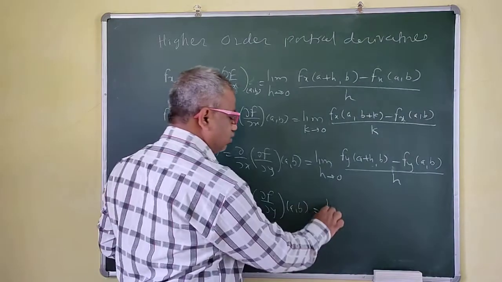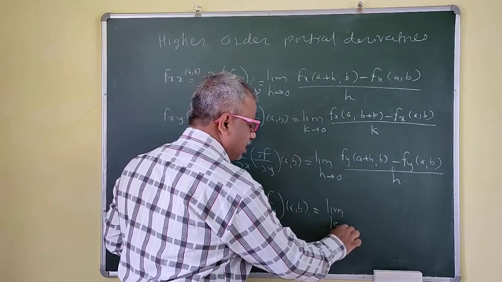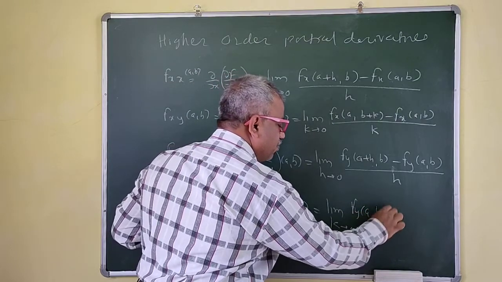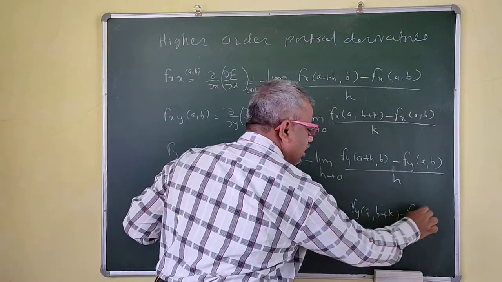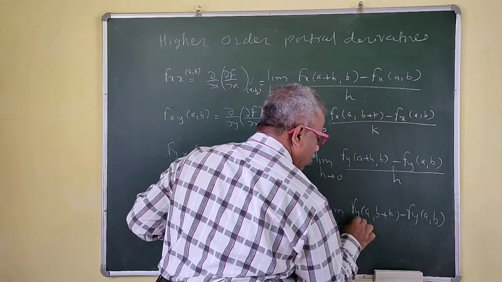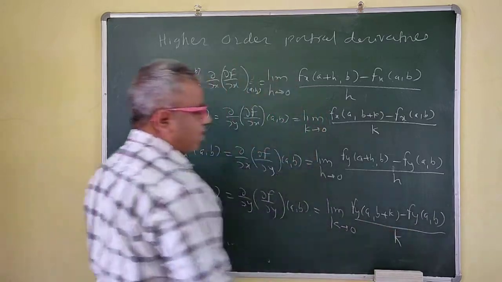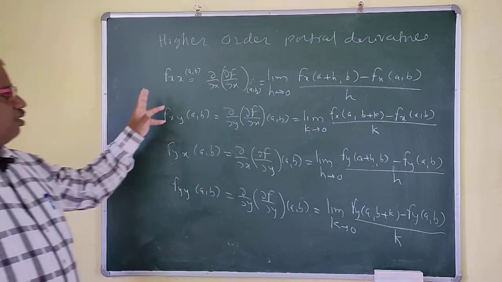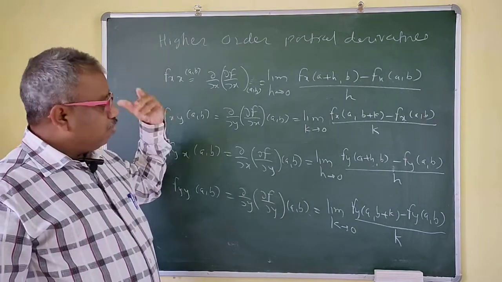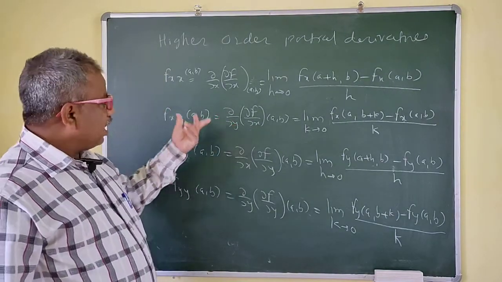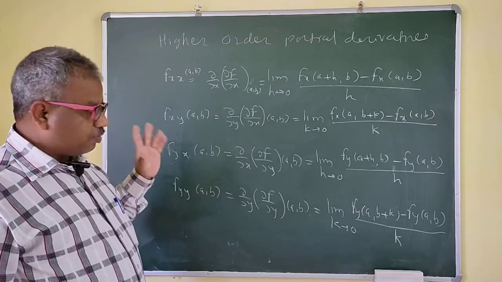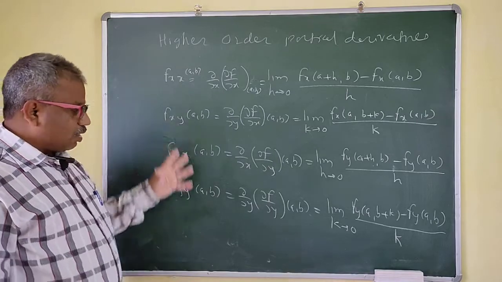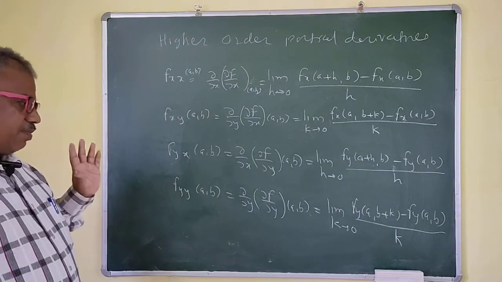So the limit as k tends to 0 of fy(a, b plus k) minus fy(a, b) upon k. So these are the formulae to differentiate the first order derivative partially with respect to x and y. These are called second order partial derivatives.